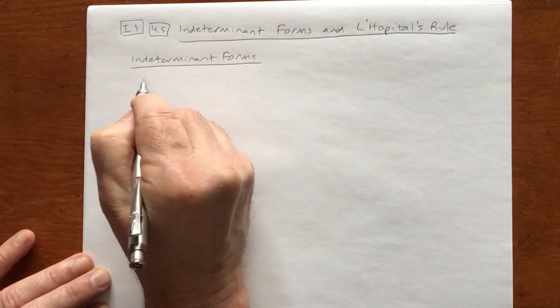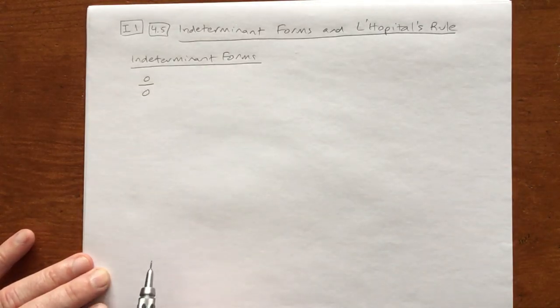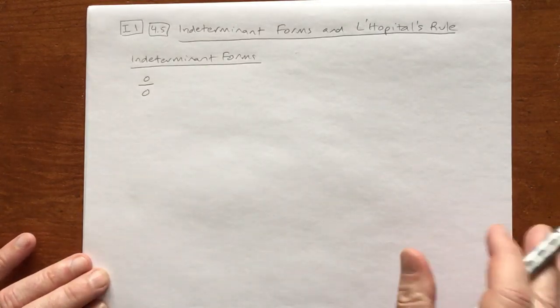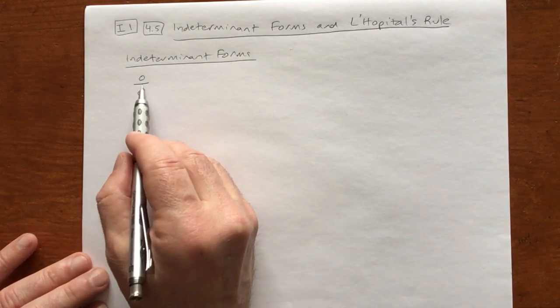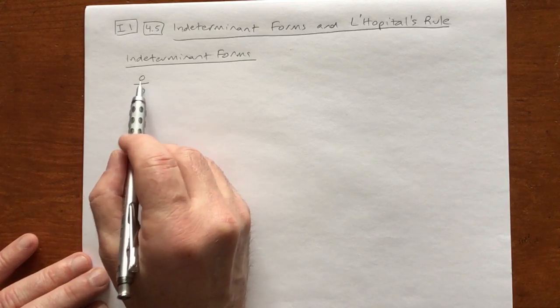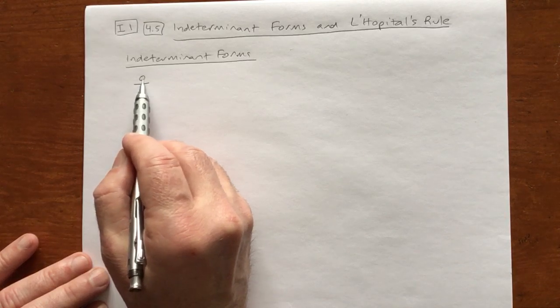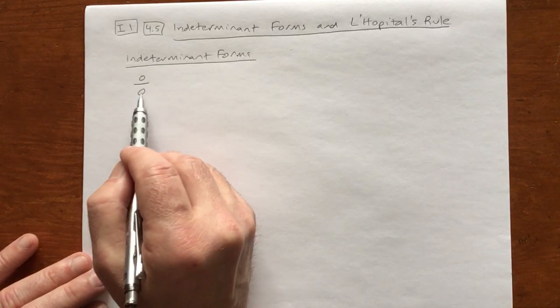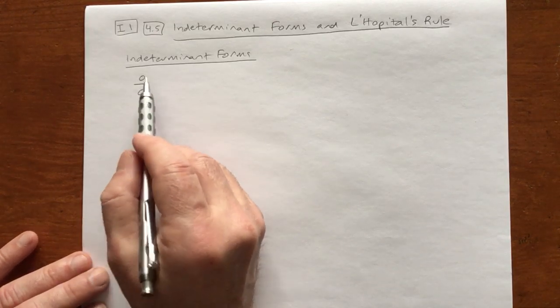So one value that a limit could take that would be indeterminate would be 0 over 0. And the reason that it's indeterminate is this. This would necessarily have come from some sort of function where the top of the function, maybe as x goes to infinity, approaches 0, and then the bottom of the function does the same thing. And so a lot of people want to say that's 1, but it could be 1.